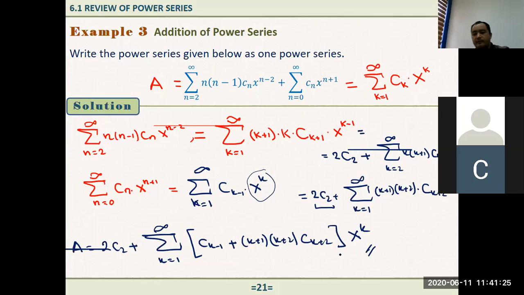Gentlemen, maybe it may be a bit messy. Maybe I will re-record and share with you in a more organized way. The main idea is, as you see, here we have two sigma notations. We need to combine them. When we combine them, the powers of x should be the same.